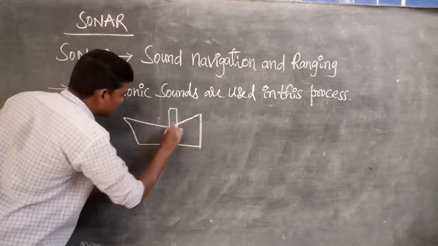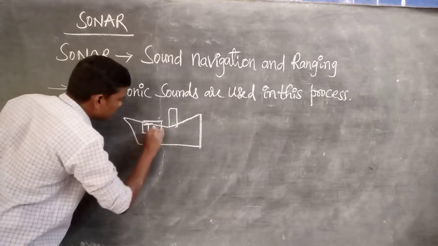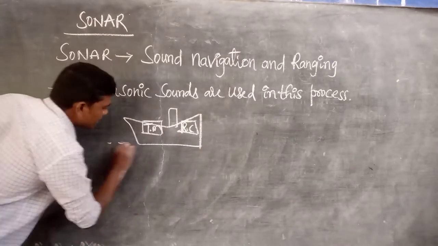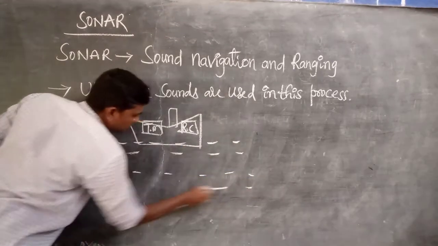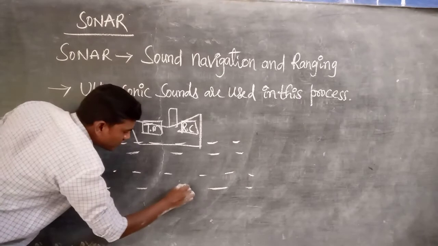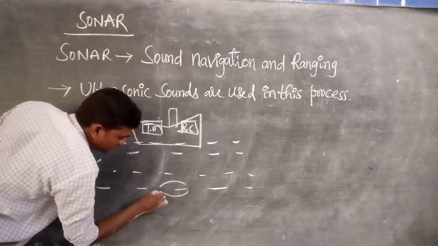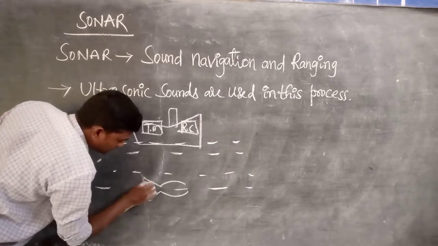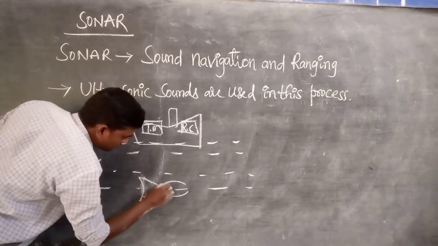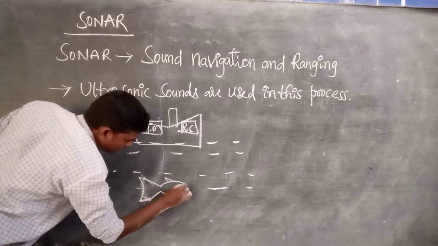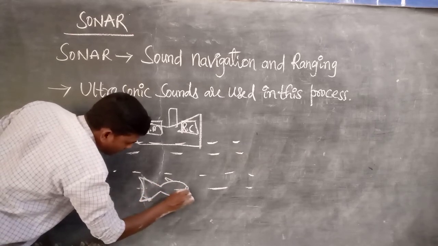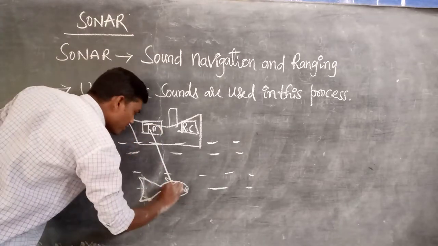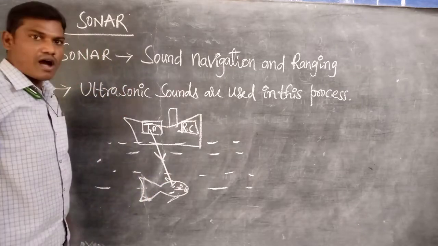Like this, a transmitter is there, and the receiver is in the ship, at the same place. This is the sea water, and here a fish is there. The transmitter produces ultrasonic sounds.